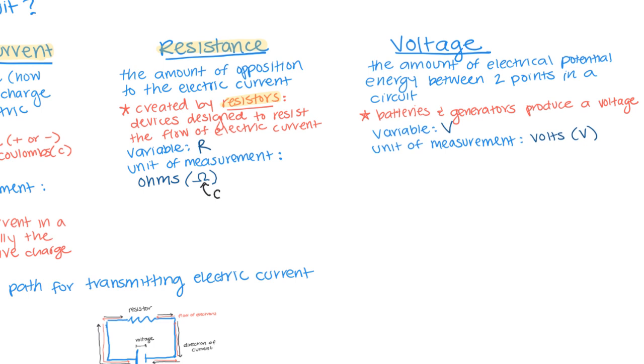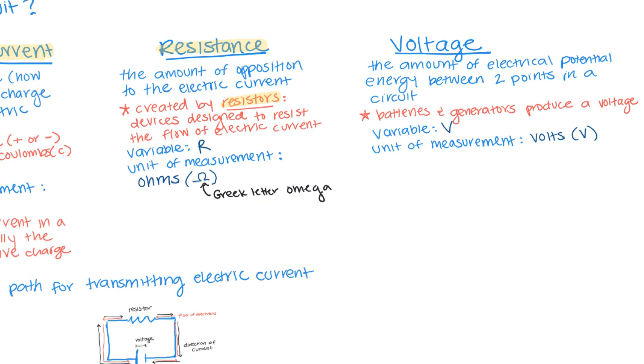So again, y'all are getting super familiar with the Greek alphabet at this point. I'm going to write, this is the Greek letter omega. So that is the symbol we are using to represent ohms, which measure the amount of resistance in a circuit.